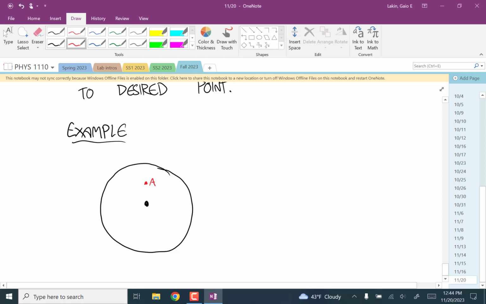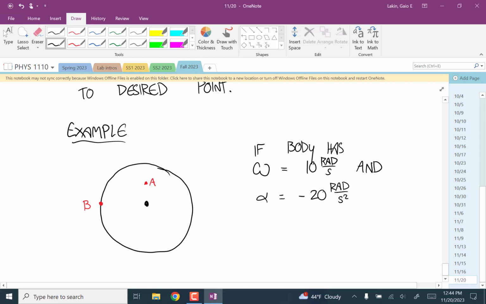So I'll call this point A. And then let's have one be at the edge to the left, and we'll call that point B. If this body has an angular velocity that's equal to positive 10 radians per second, and an angular acceleration of negative 20 radians per second squared, what are the velocity vector and the acceleration vector of points A and B?